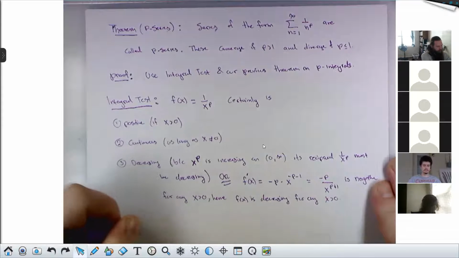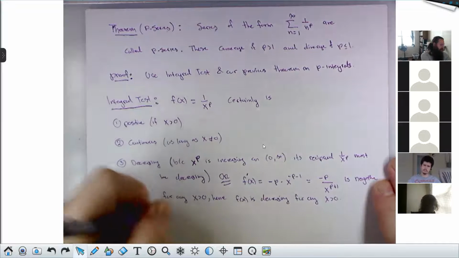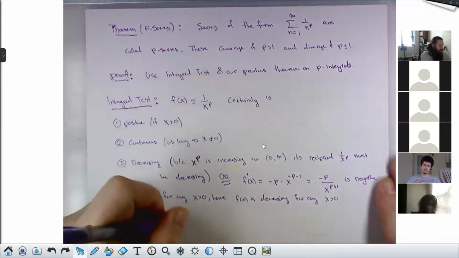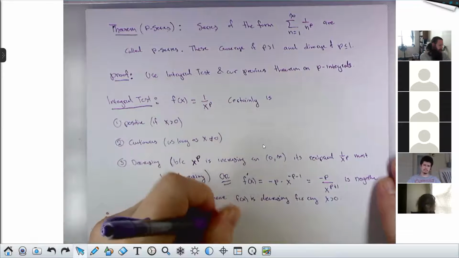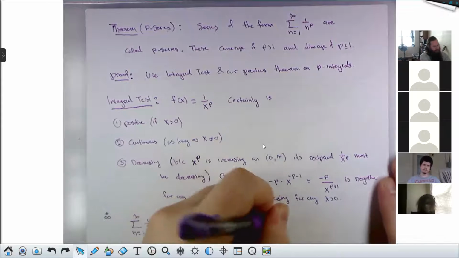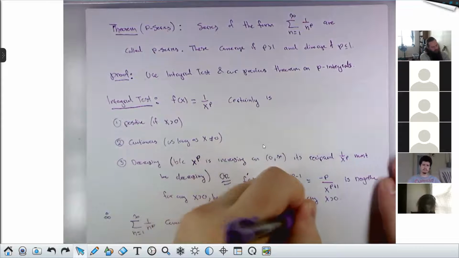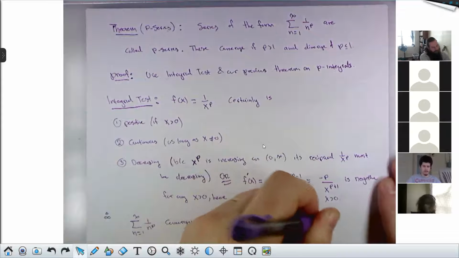Therefore, sigma n from 1 to infinity, 1 over n to the p, converges or diverges together with the integral 1 to infinity, 1 over x to the p dx.